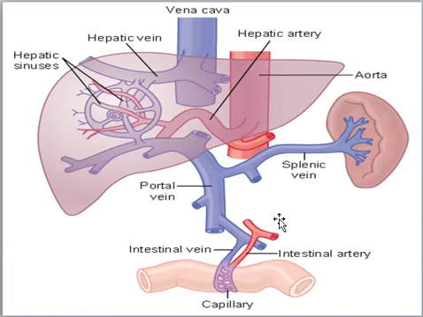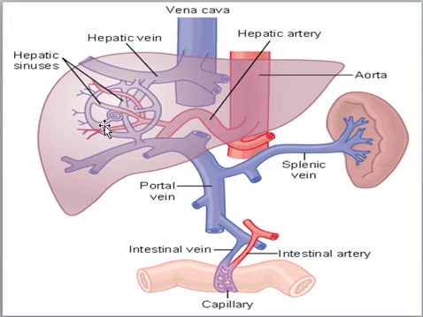In this slide we can see the aorta, and from the aorta the hepatic artery. The hepatic artery constitutes only about 20% of the blood entering the liver, and this is the vein collected from the spleen and from the other parts of the alimentary tract, collecting in the portal vein. The portal vein enters the liver. In the liver there is the hepatic sinusoid.